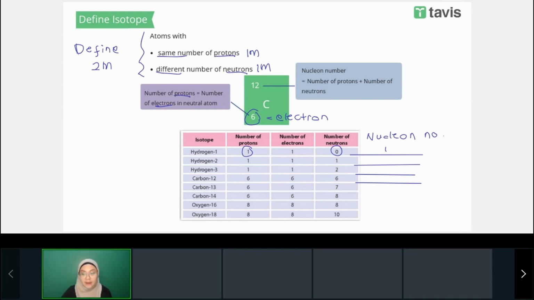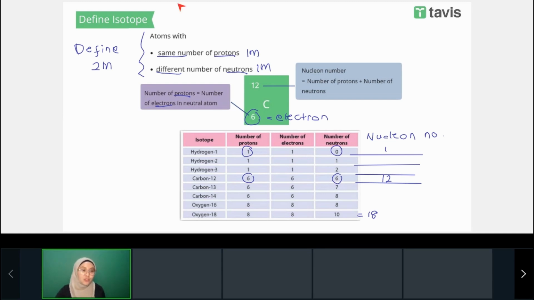The proton number is 6 and the neutron number is 6. So the nucleon number will be 12. Another one, how about oxygen 18? Proton plus neutron, 18, yes, good. The nucleon number is 18.